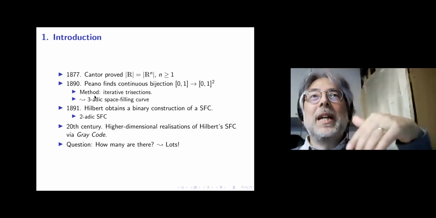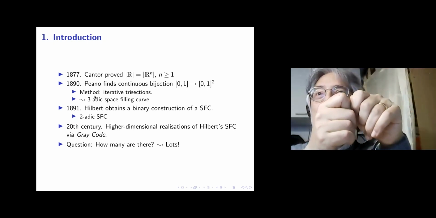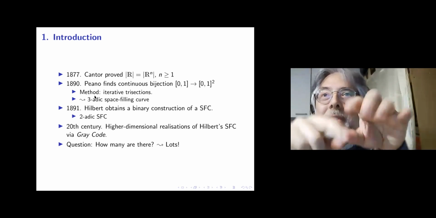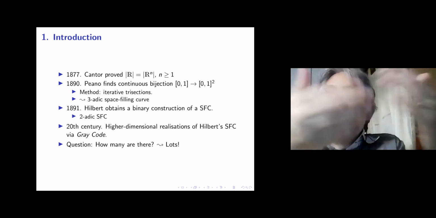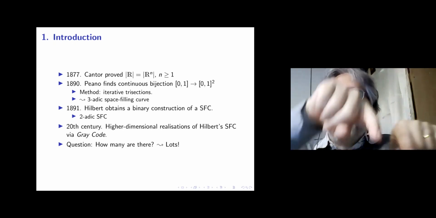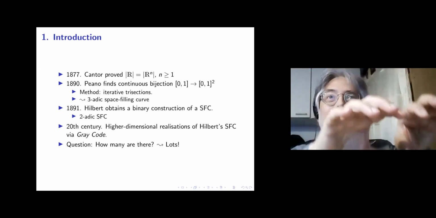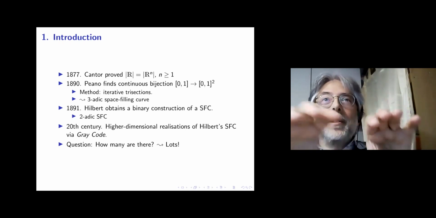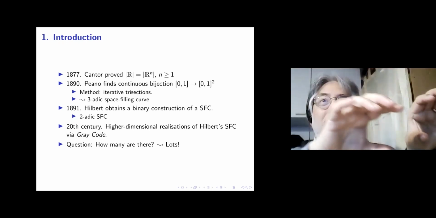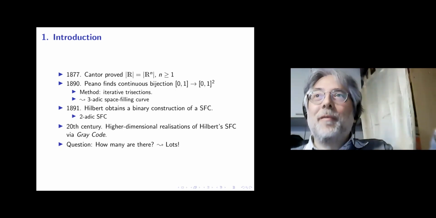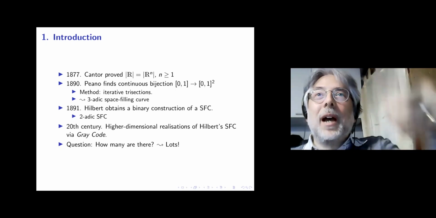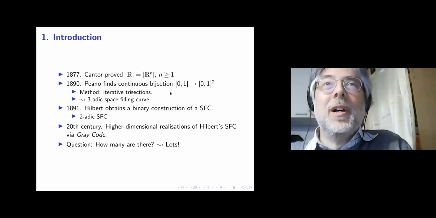He did it by trisecting the two coordinates of the square, and then iteratively doing this in such a way that you could obtain a curve which fills the squares, the little tiles, as being parts of the curve, and then iteratively finding, in the limit, a curve, a continuous function.